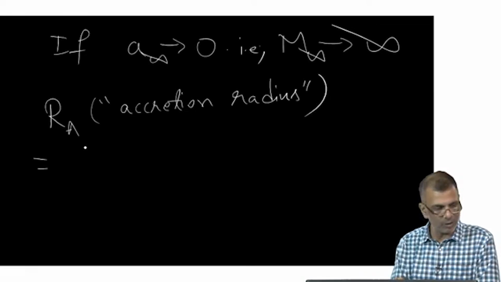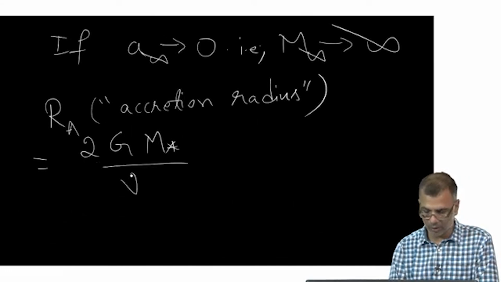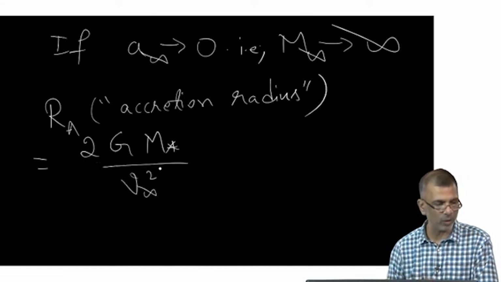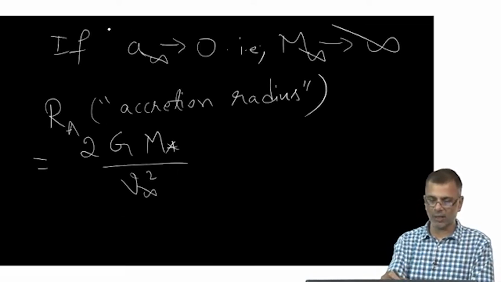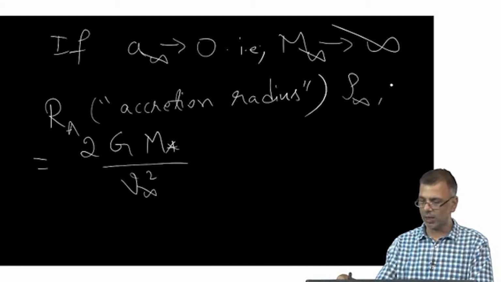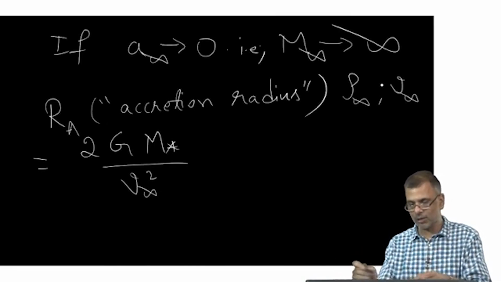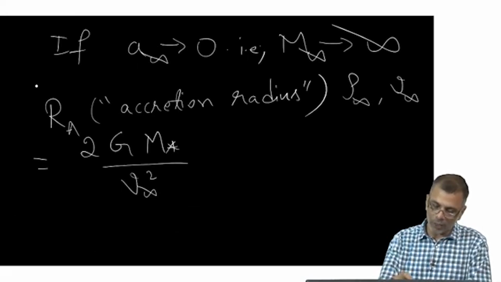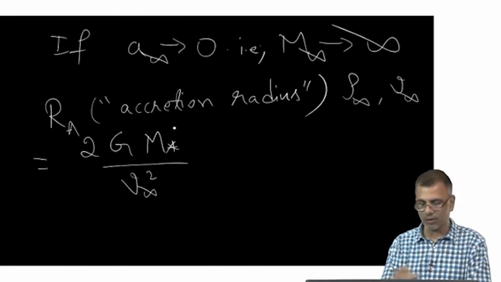This is defined as 2 G M star, where M star is the mass of the central object, over v infinity squared. The gas has a density rho infinity and a velocity v infinity, and A infinity tends to 0 at infinity. This accretion radius has the dimensions of length, you can verify this.